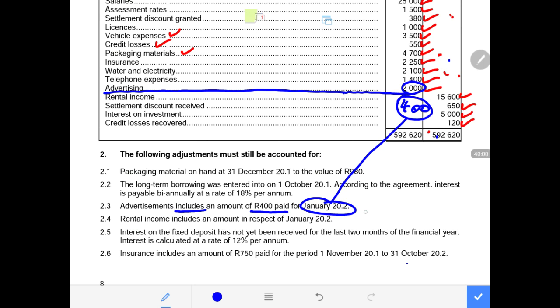That means we paid something before time, and any expense that is paid before time is called a prepaid expense. So this is prepaid expense, and prepaid expense is an asset, and assets increase on the debit side. That means the amount of the prepaid expense must be recorded on the debit side of the general journal.